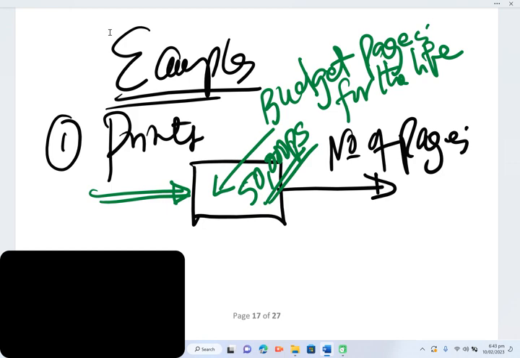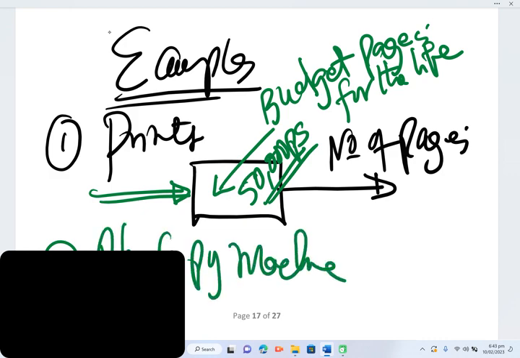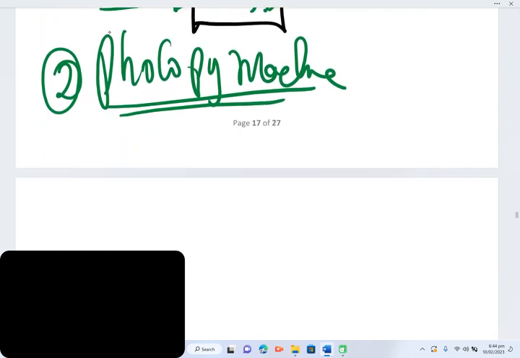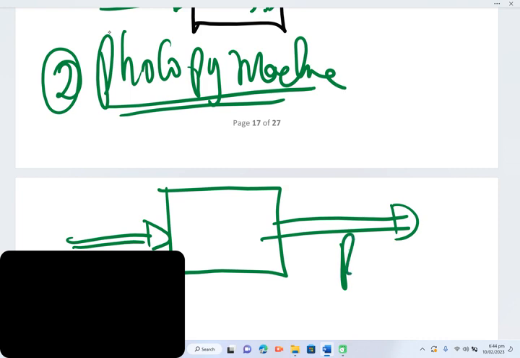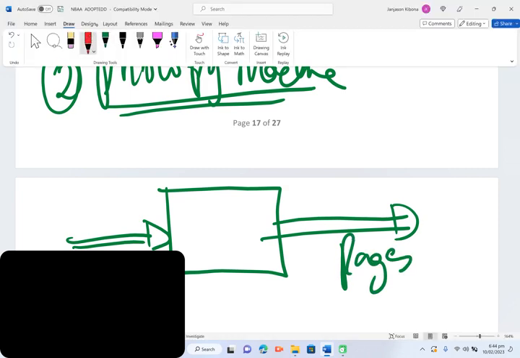Ya pili, aina ya mashine nyingine ni photocopy. So a photocopy machine na yenyewe ina budgeted number of pages for the photocopy to work. Kwa output yake itakuwa hivi. So you have some inputs, una feed information kama wino, karatasi na kadhalika, lakini drum inatoa pages to be printed.